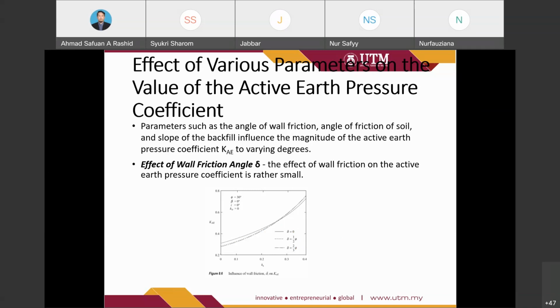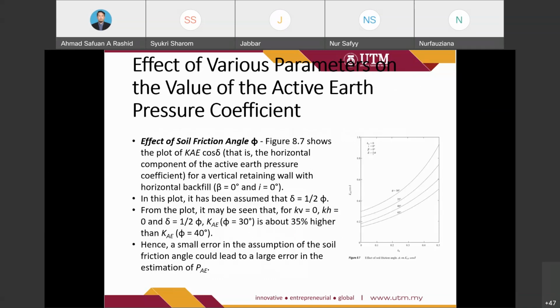Then they also look at the effect of the soil friction angle.